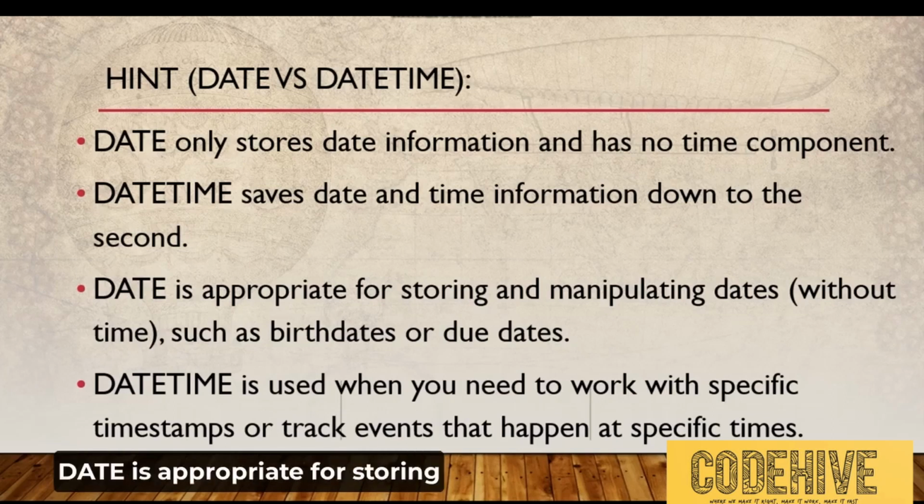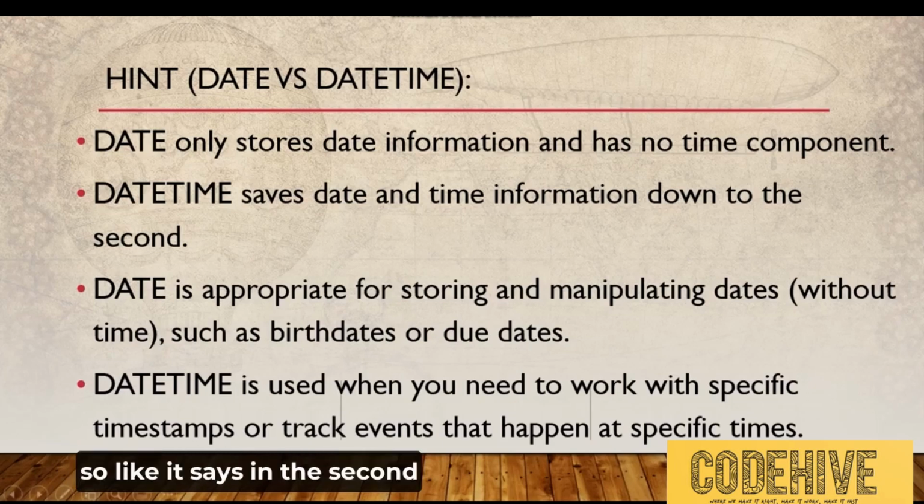Date is appropriate for storing and manipulating dates without time, such as birthdays or due dates, or date of birth, which is birth dates. And then the date time is used when you need to work with specific timestamps or track events that happen at specific times.